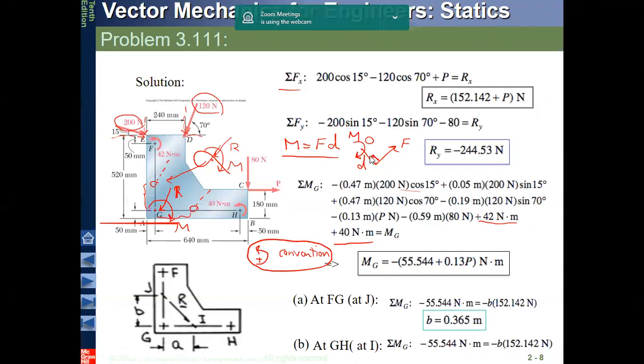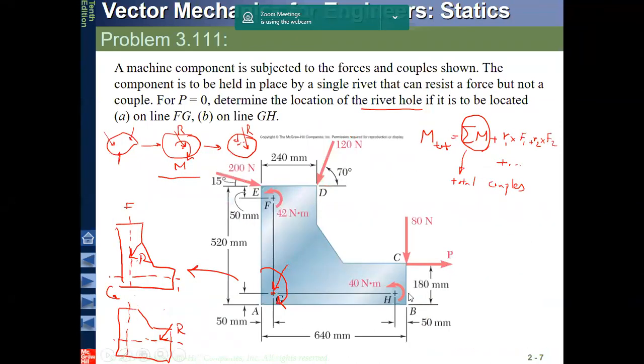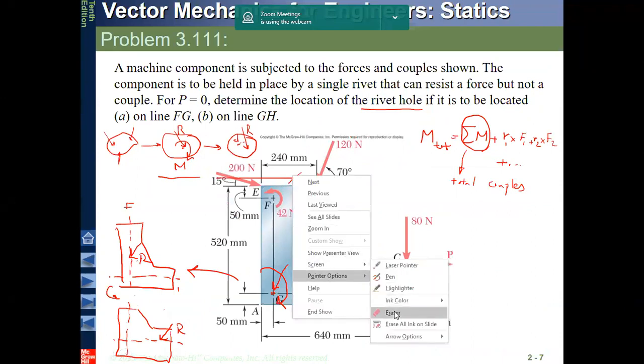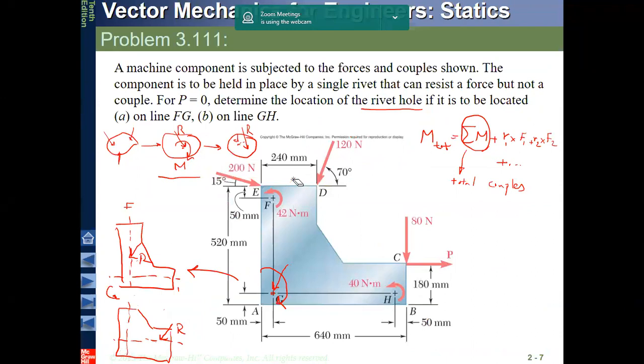Some of the moments, because these are the two couples here. So this is a couple here at point H and a couple at point F. These are external moments. These are not the moments that we calculated. So if you look at the problem, you can see that you have these two couples. It's like a wrench. So you imagine that you have a wrench here, and it is exerting a couple without any force.